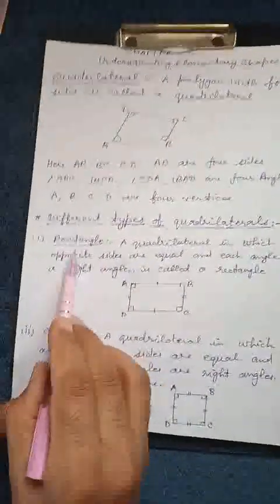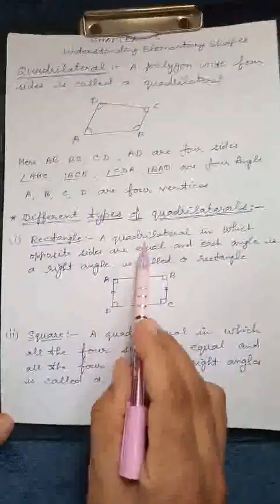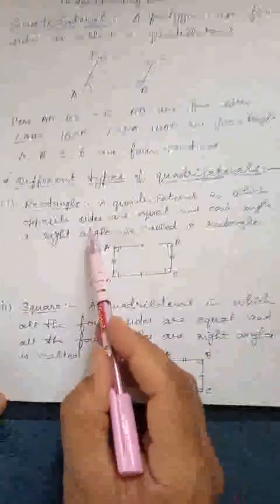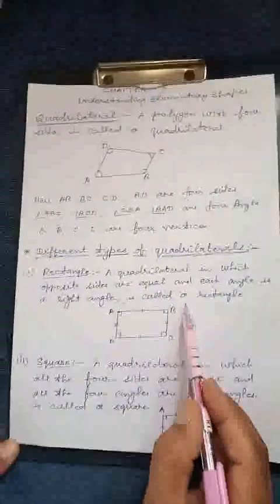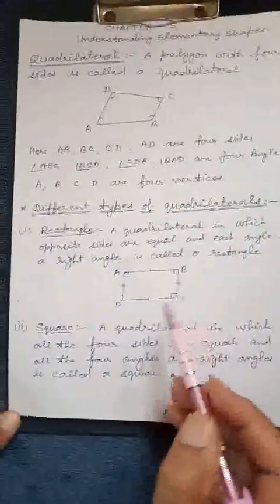First one is rectangle. A quadrilateral in which opposite sides are equal and each angle is a right angle is called a rectangle.